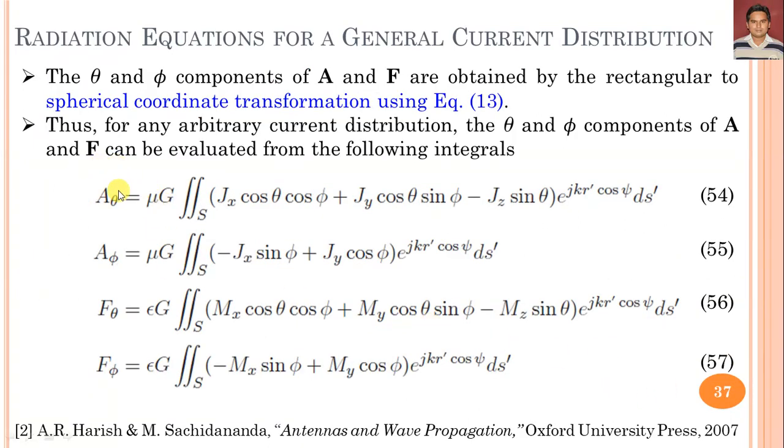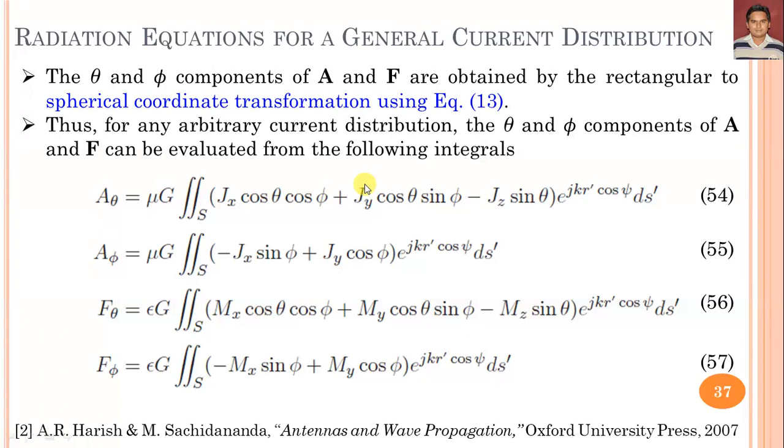So the A theta equation we can represent by equation 54, A phi 55, F theta 56 and F phi by equation 57. So these are the important equations that we need to calculate.